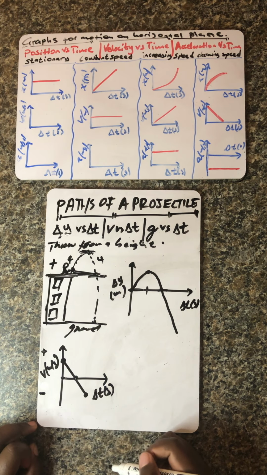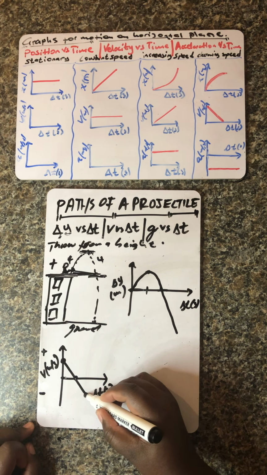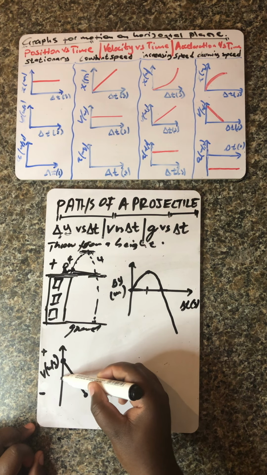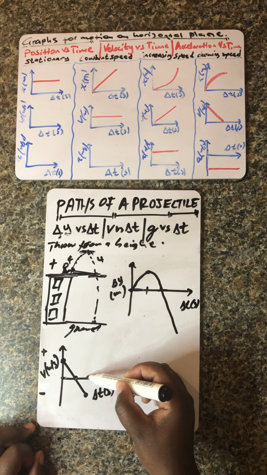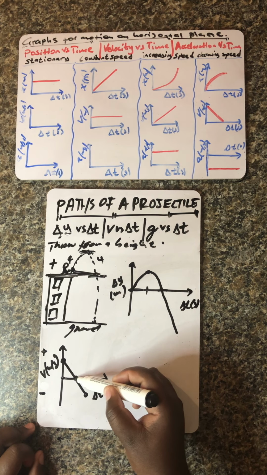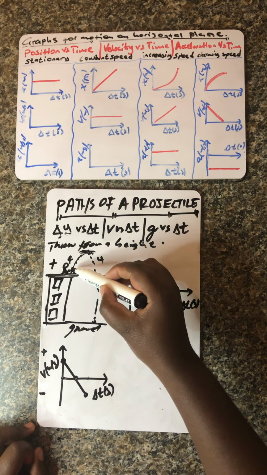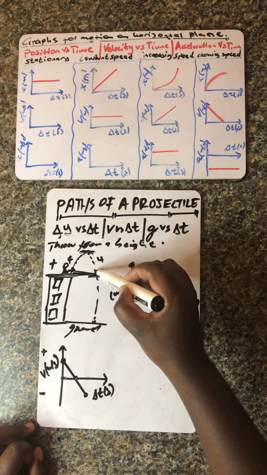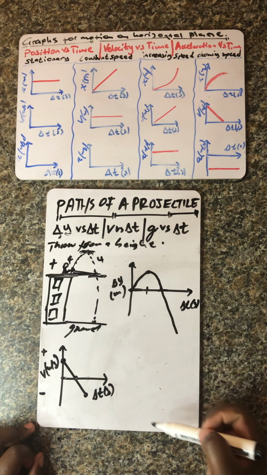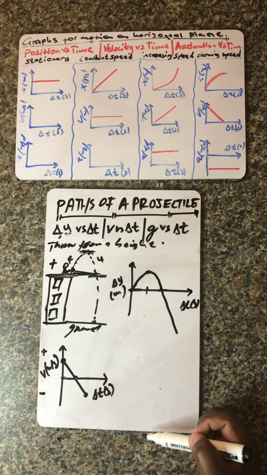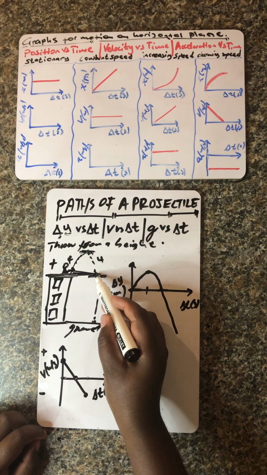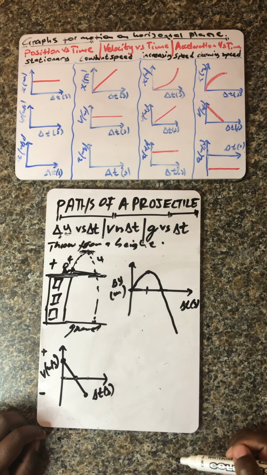So I stopped it there, ladies and gentlemen, which means that time from there to there should be the same time as from there to there. For this object to go up to that point and also to come down to that point, it takes the same time. Remember, guys, as soon as it gets to that point, it continues with its journey.